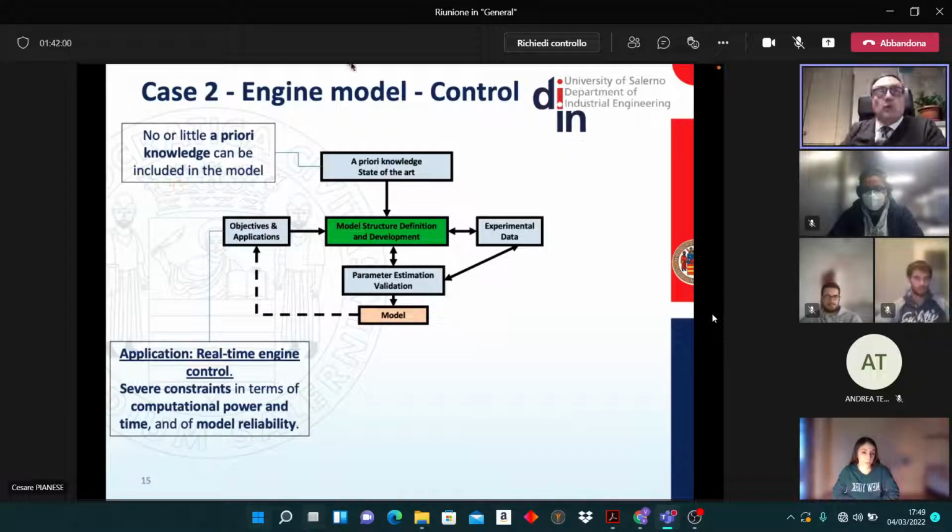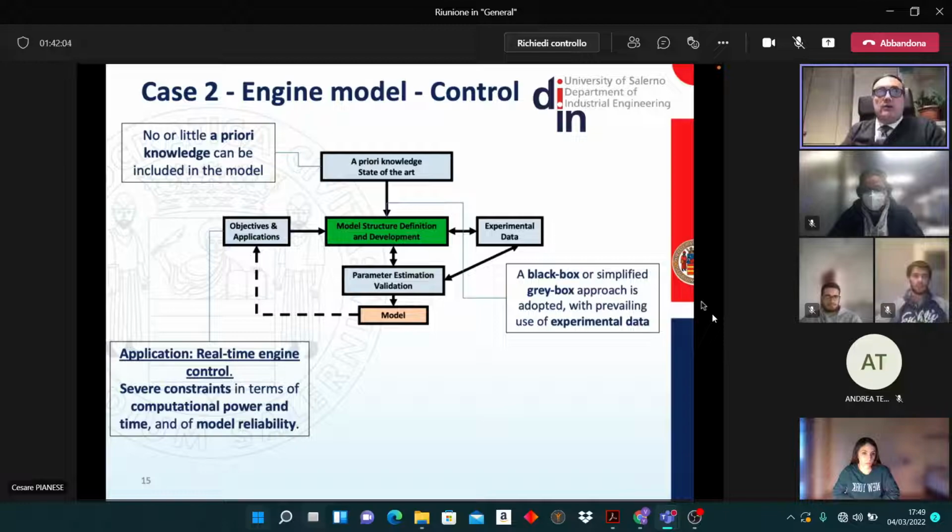What is the approach, the structure? You need a black box model, at least, because it's very fast, not time consuming, or eventually you may move to the gray box approach with large use of experimental data. What are the results?